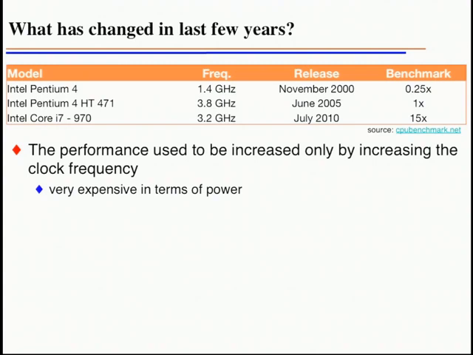So in the past, the performance of the CPU was mostly increased by increasing the frequencies. We started with a few megahertz clock cycle in CPUs, and nowadays we have several gigahertz. And this, of course, makes the chips faster, but increasing the frequency is very expensive in terms of power.